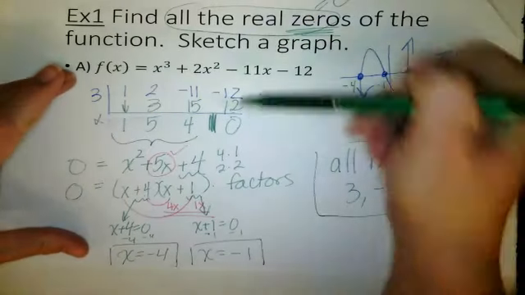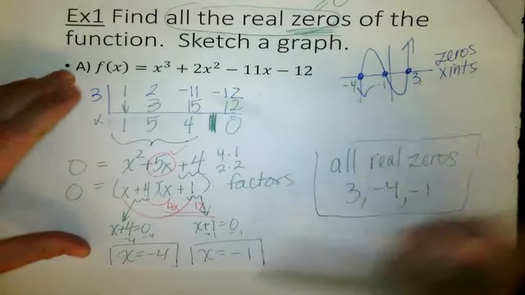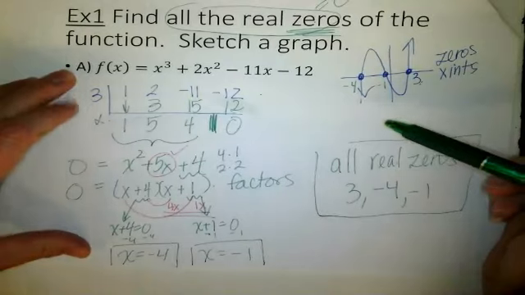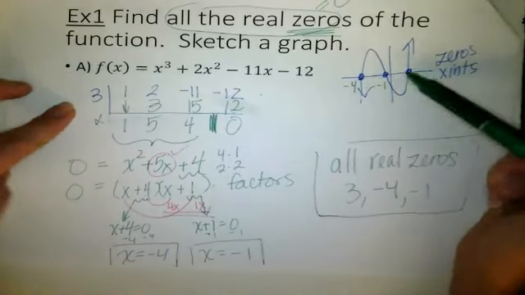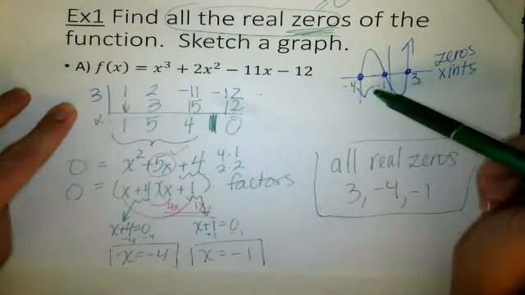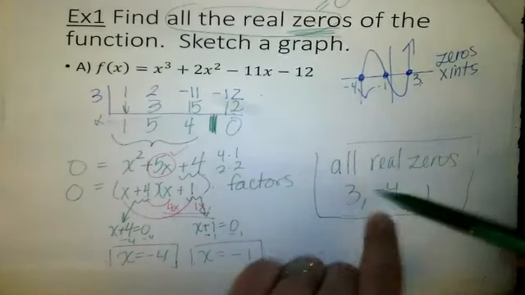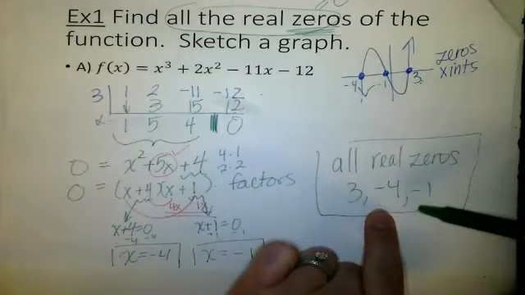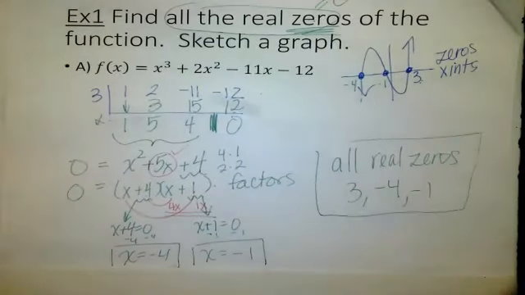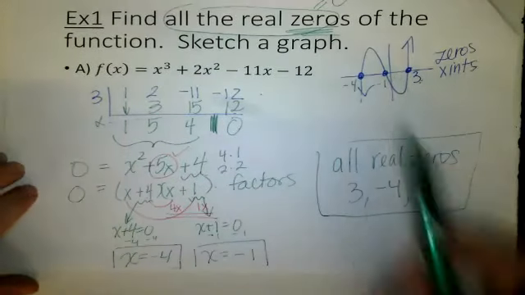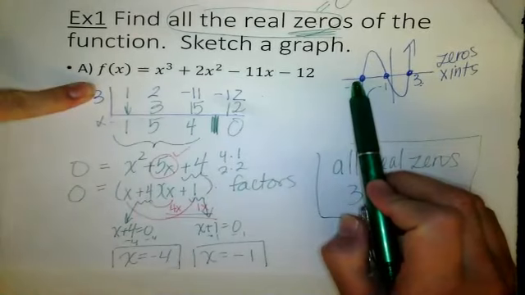But what I need to see from you is the algebra to back it up. So every single time, you're going to do synthetic division, factor and solve, and double check that it makes the same thing. And I can use any one of those. Any one of these with division would work.